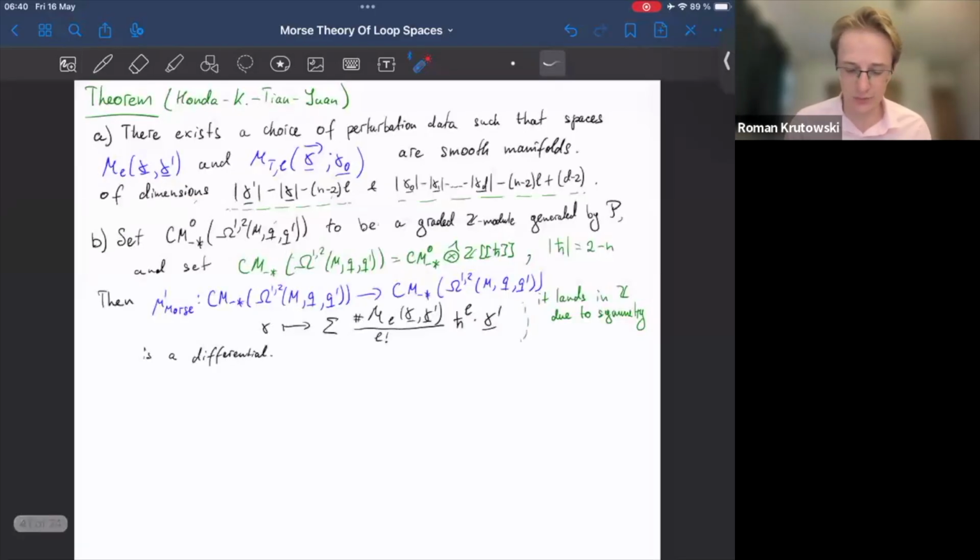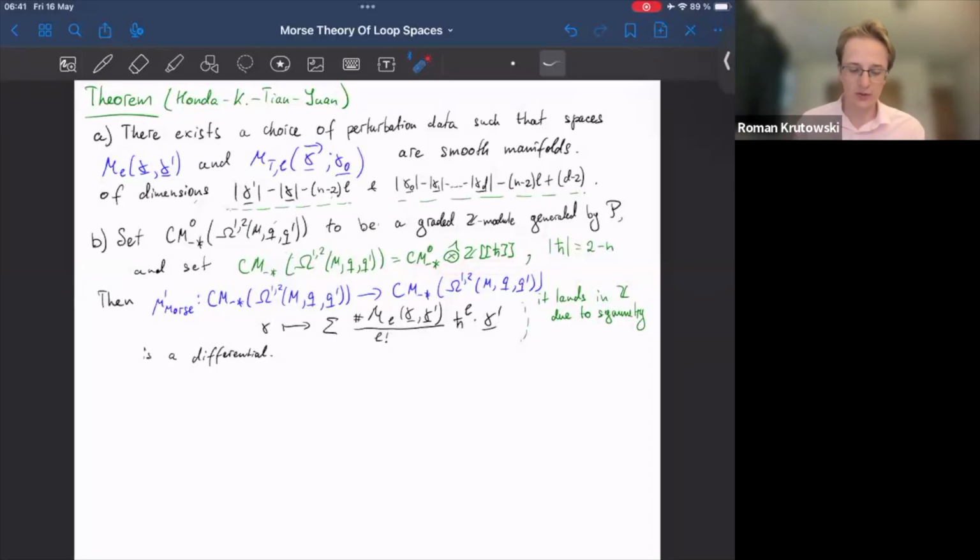And if we set first CM0 to be just the standard graded module generated by our critical Morse multi-loops, we can introduce a deformation of this module, where we consider completion with respect to a formal variable of grading 2 minus n. So when grading is equal to 0, this is just power series in h bar.